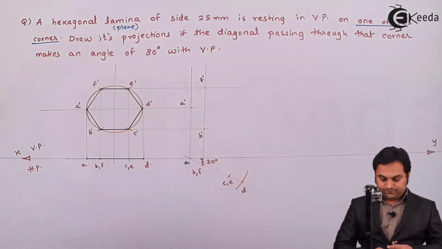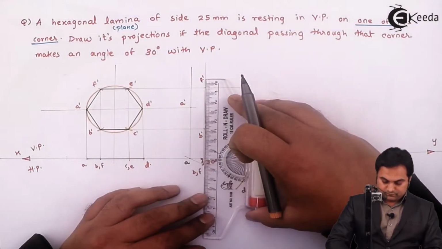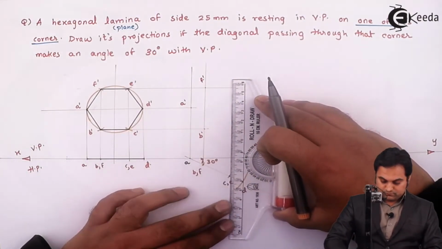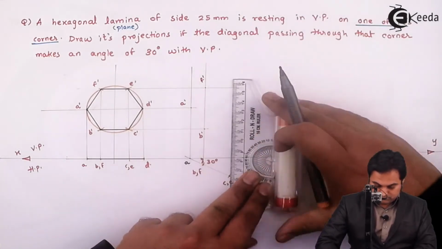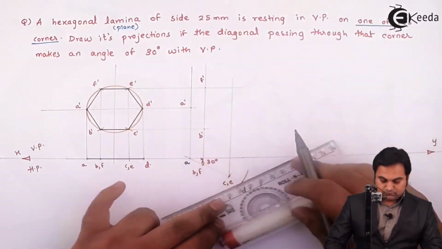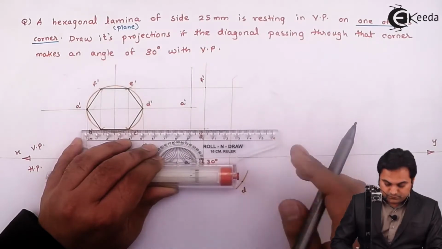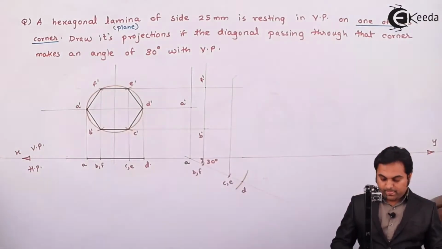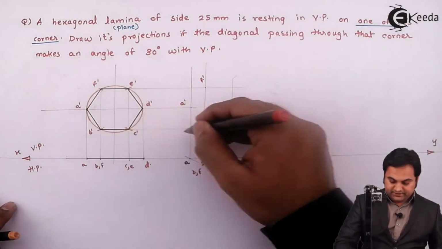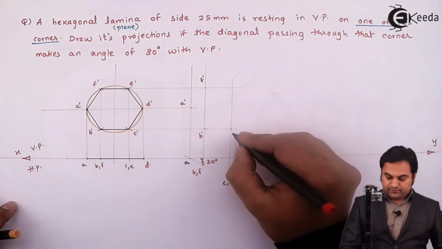For C and E, projecting C dash. So where C dash and C they intersect, that will give me the point C dash.